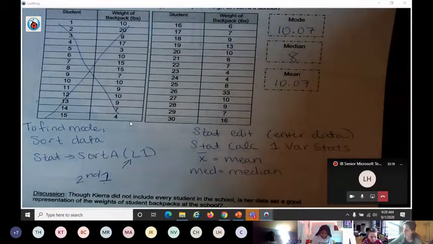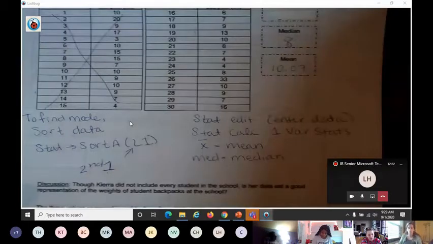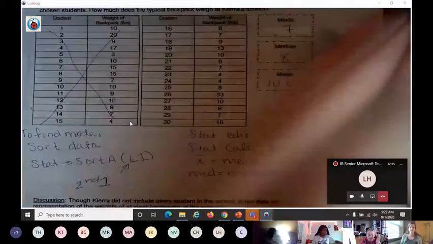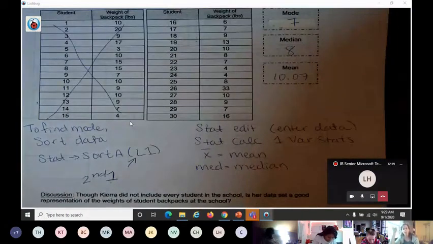And our mode, I'll have to go back and look at. So we have 3 7s. I think that's it. So 7 for the second column of data. We just did the second column to save time. You could have done all of them.